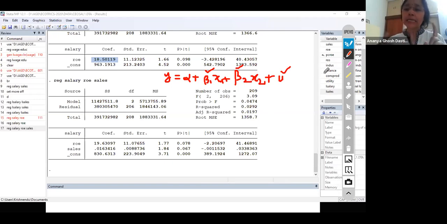There's an extra assumption which we throw in a multiple regression model, which is that x1 and x2 cannot have perfect correlation. You know what is perfect correlation, right? When the correlation is either exactly 1 or -1. That case has to be ruled out as an assumption for our linear multiple regression model.